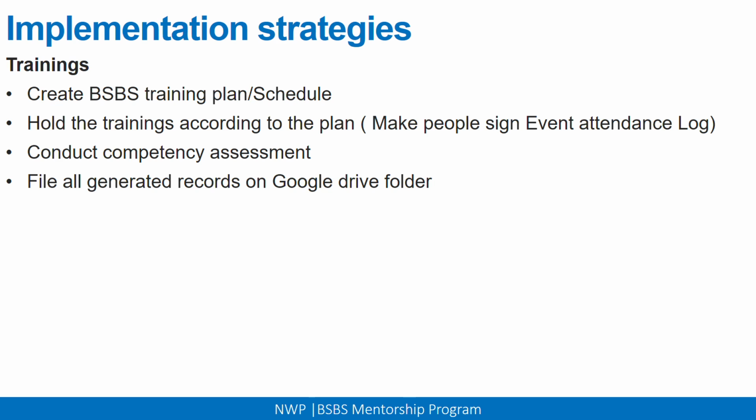So what we want is to create some form of evidence that you actually planned and you actually conducted the trainings. Then we also need to have records of the competency, so that whenever auditors come in, you can show them that we planned for trainings to happen, and from what we planned, these are the trainings that we've done.